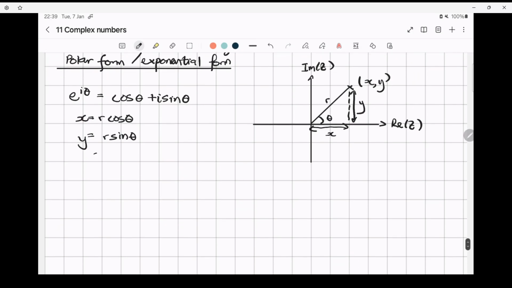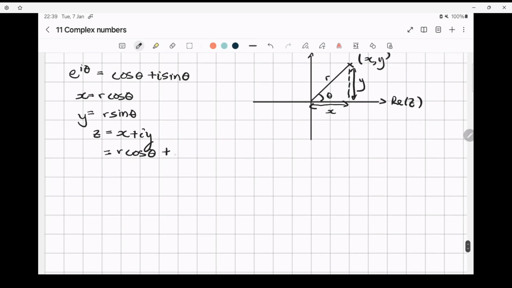Initially we write z equals x plus iy. So x will be r cos theta, and your y will be r sine theta. We can basically factor out the r and leave cos theta plus i sine theta.